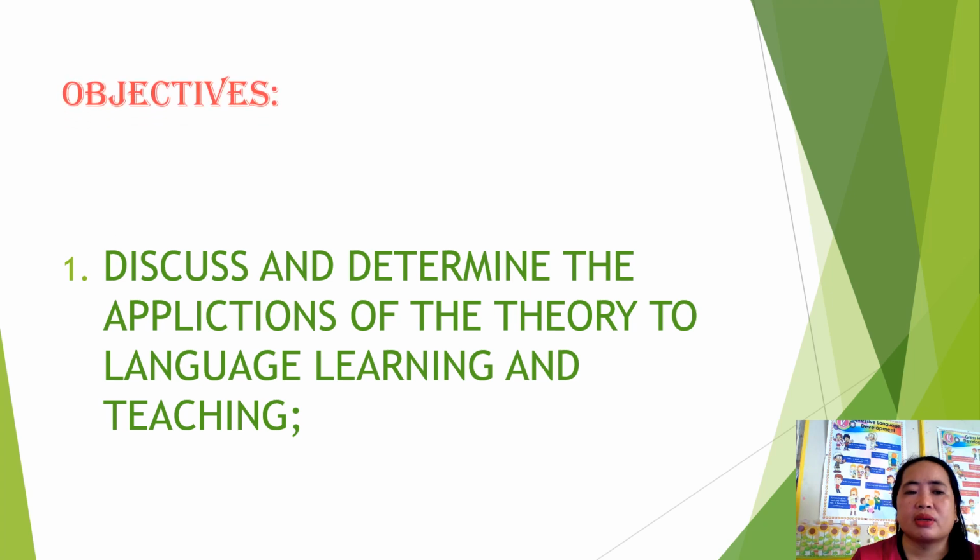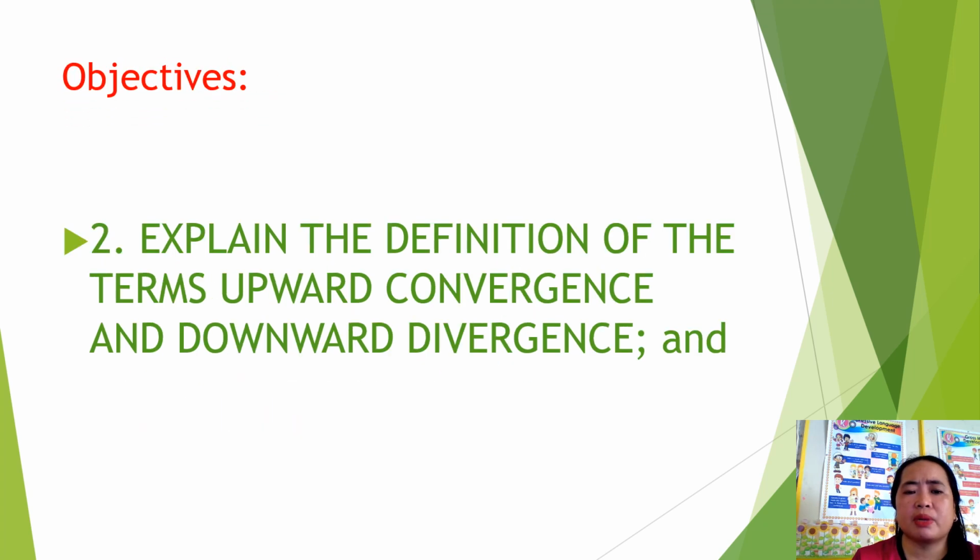Next is number two, explain the definition of the terms upward convergence and downward divergence. Upward convergence occurs when an individual adopts language behavior that is considered higher status or more prestigious within a particular social context.